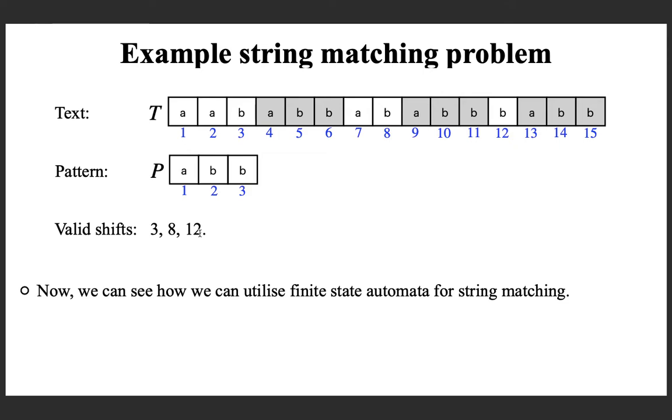Now, we can see how we can utilize finite state automata for finding valid shifts or solving the string matching problem. So, for that we need to know what is a finite state automaton. Let us try to understand what it is using a simple example.